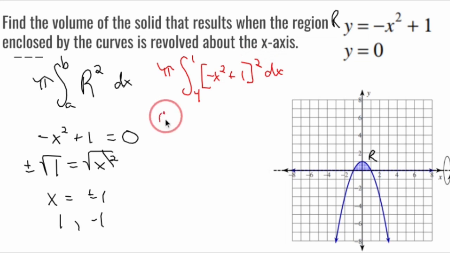Before I can even begin, I need to square that. So this is not as simple as squaring both numbers. This is a perfect square trinomial. So this gives me x to the 4th, negative 2x squared, and positive 1.